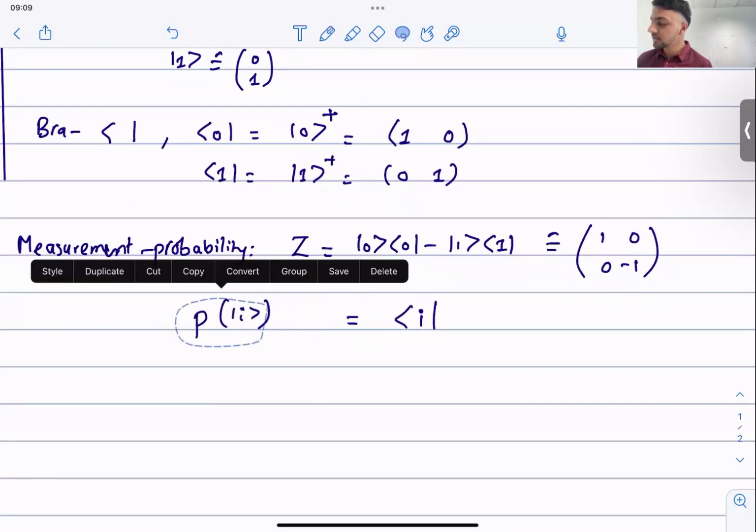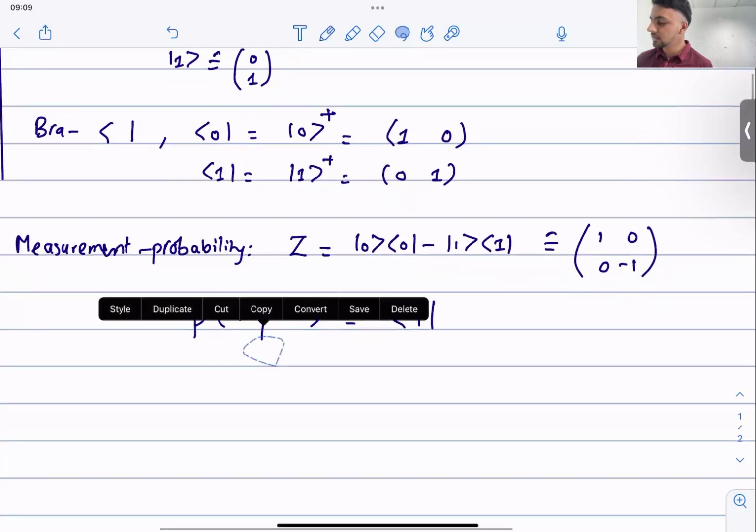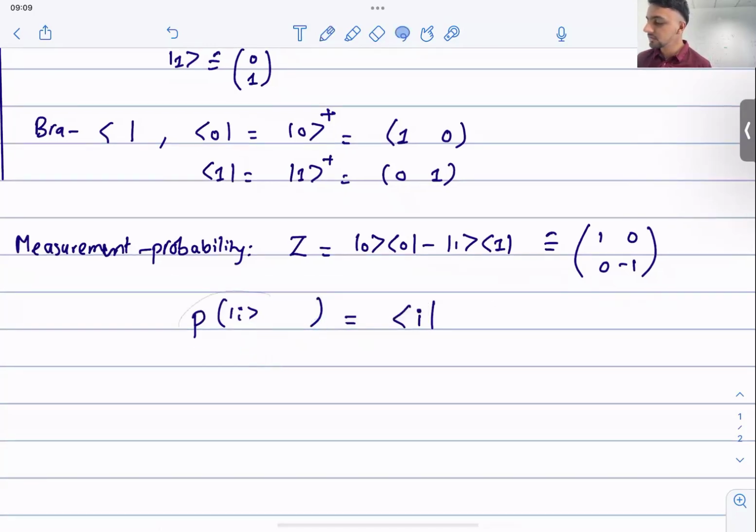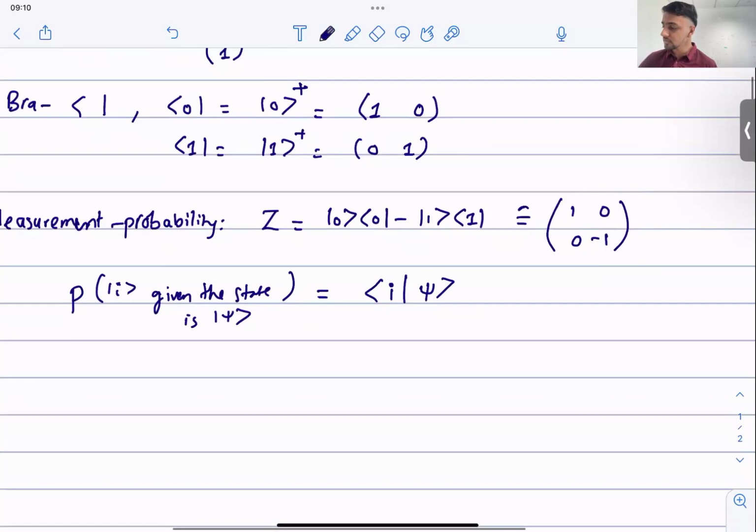Let's say you're trying to measure one of the eigenstates, 0 or 1, which is i, given that your final state is psi. Let me write it down in words to not confuse anyone. Given the state is psi, the way you would do it is you take the inner product with this and then take the norm squared.